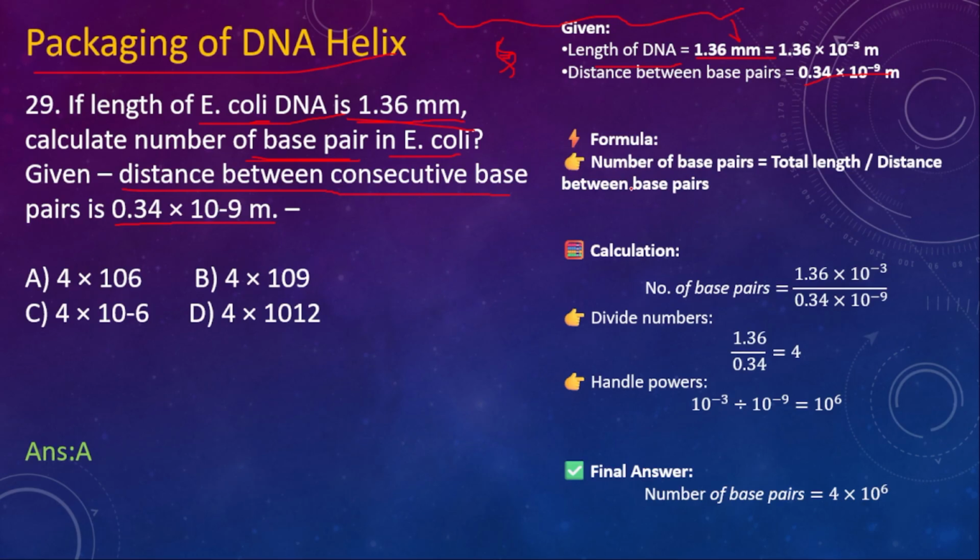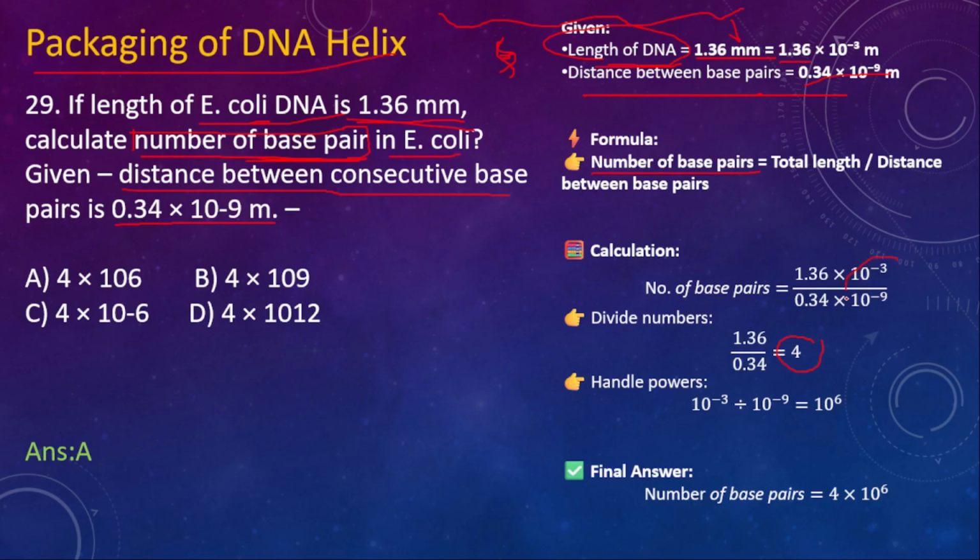What formula are we going to use? We want the number of base pairs, so the number of base pairs equals total length divided by the distance between the base pairs. The total length is 1.36 into 10 to the power of minus 3, divided by 0.34 into 10 to the power of minus 9. If I divide the numbers, I get 4. 4 is there in all the answers.